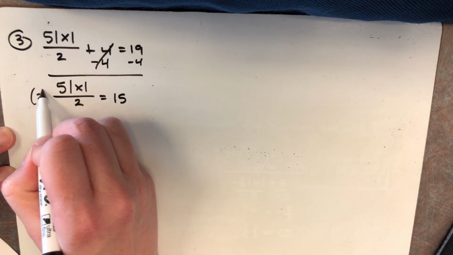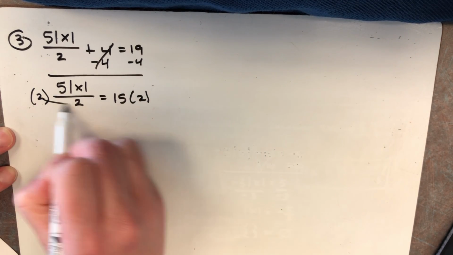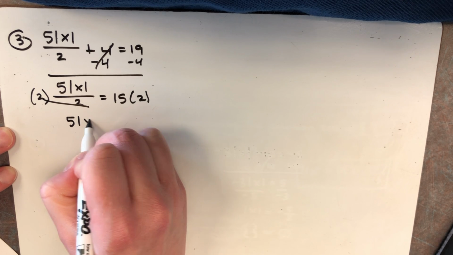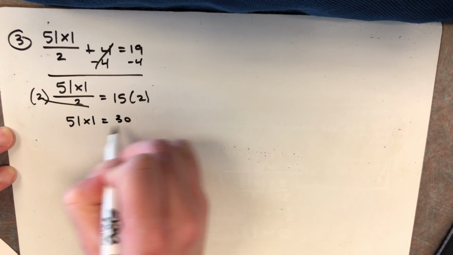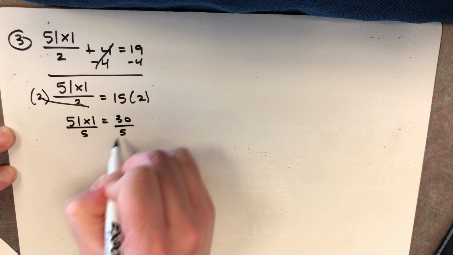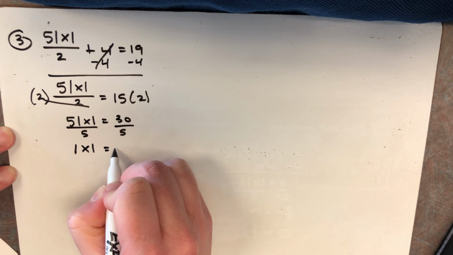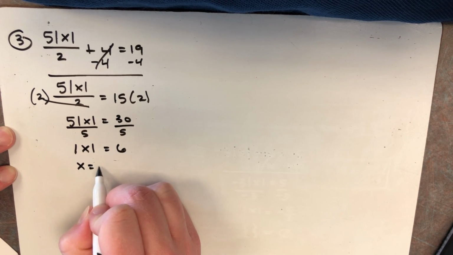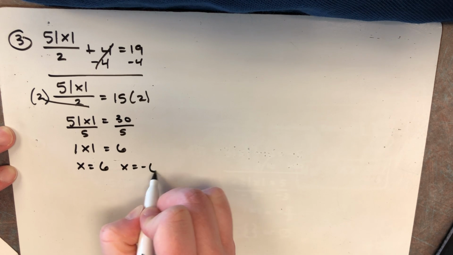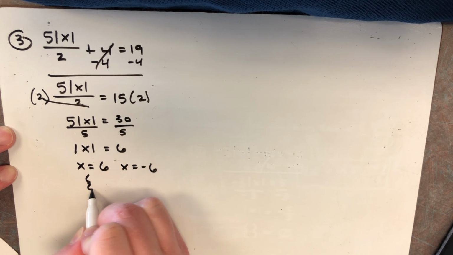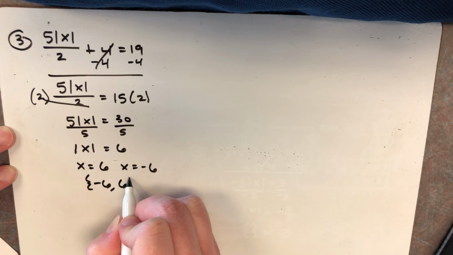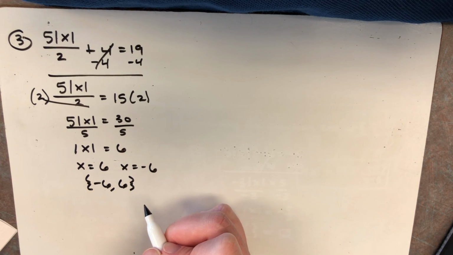Now I'm going to multiply both sides by 2, so this cancels. 5 times the absolute value of x equals 30. Divide by 5. The absolute value of x equals 6, which means x can be 6 or x can be -6. So I'm going to write -6 comma 6 inside the wiggly brackets.